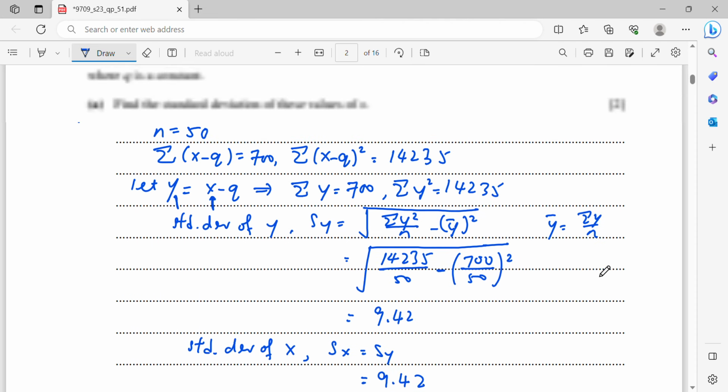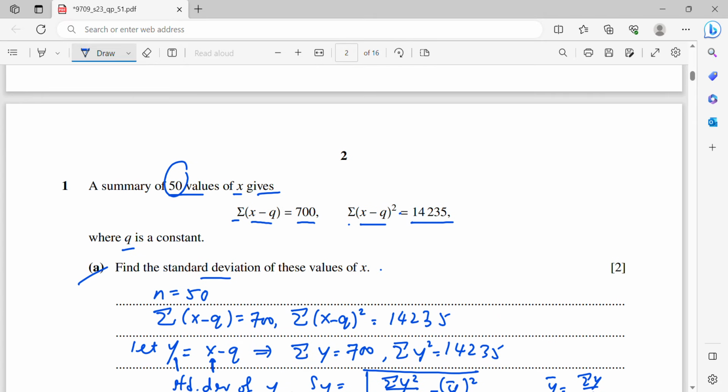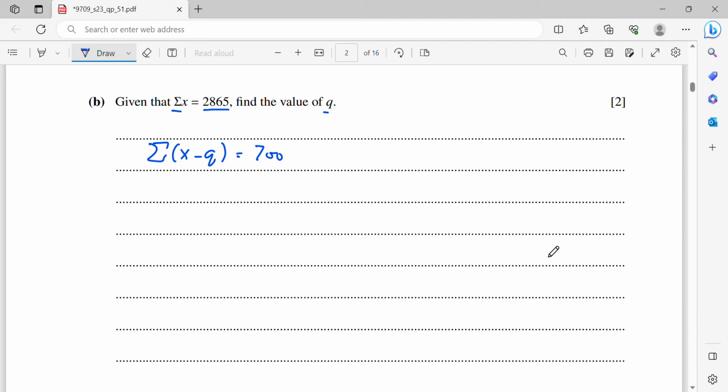Since you have 50 values of x, this summation x minus q means you are getting the total of each x, because you have 50 x here. Which means this summation x minus q is basically the same as summation x minus summation q equals 700. So this summation x is 2865.